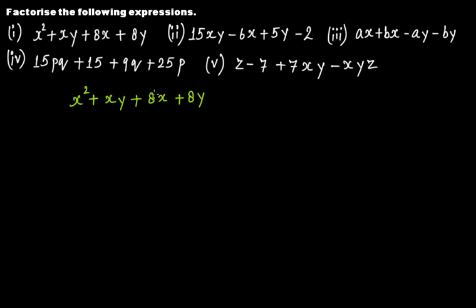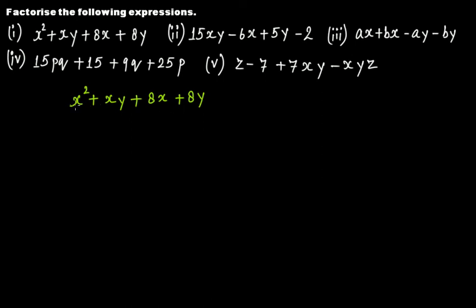One term, second term, third term, fourth term. These four terms don't contain any common factor. Then what to do? Now here, if you look properly, you can apply factorization by the method of regrouping.